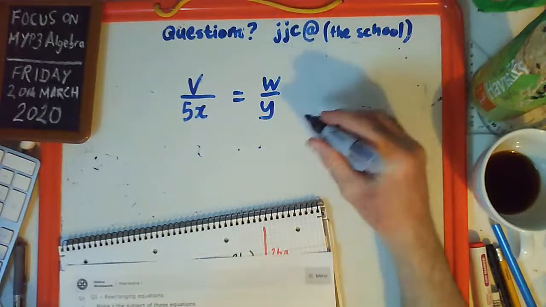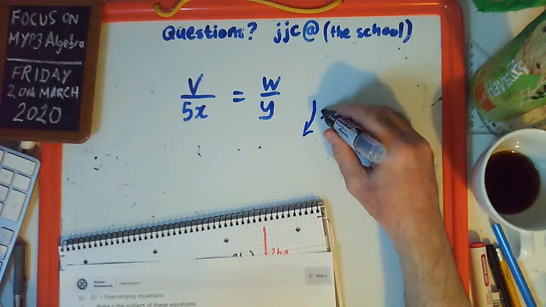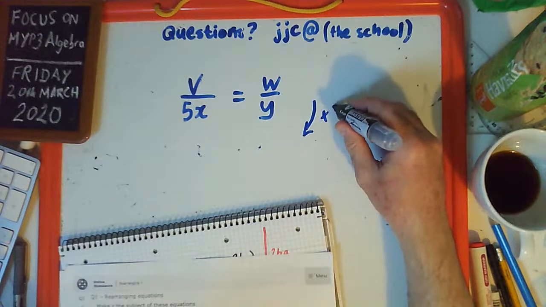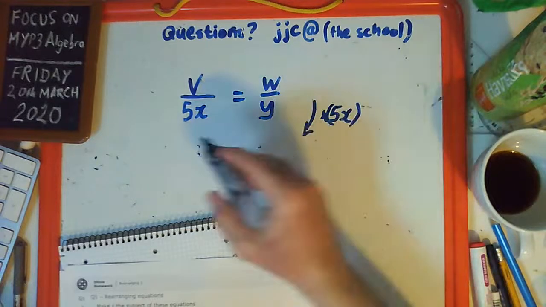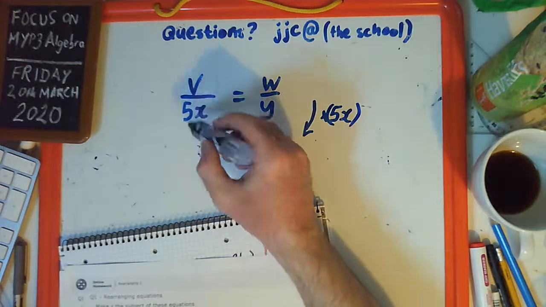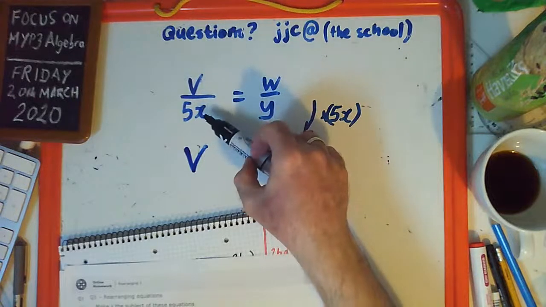So what I'm going to do here is try and get rid of the fractions by multiplying by the denominators. If I want to get a whole v here to get rid of this fraction, I'm going to have to multiply by the 5x.